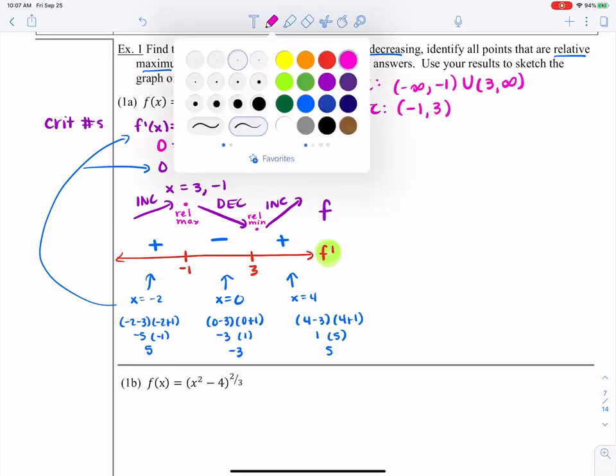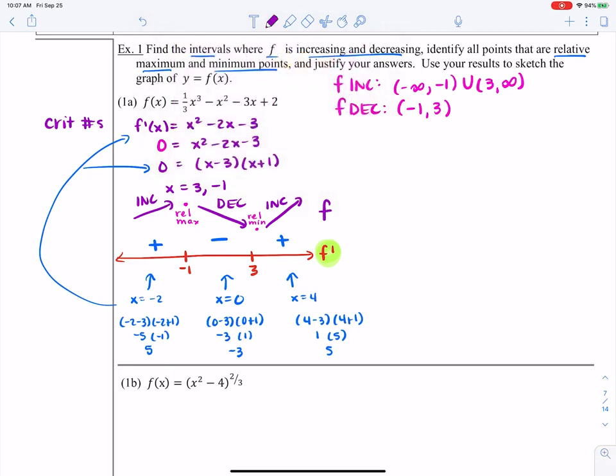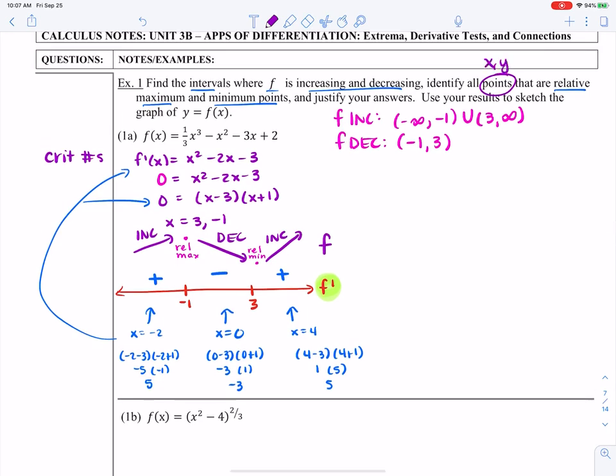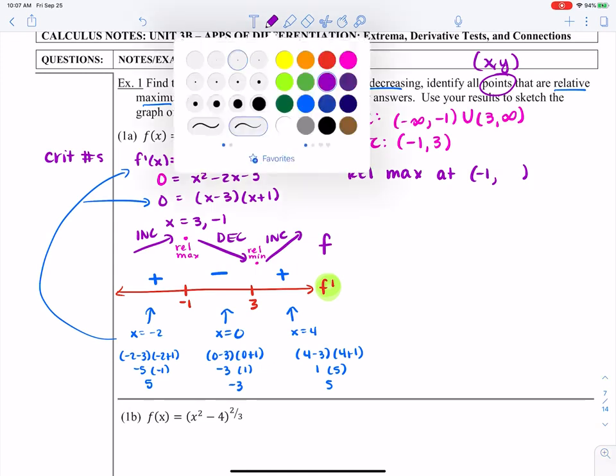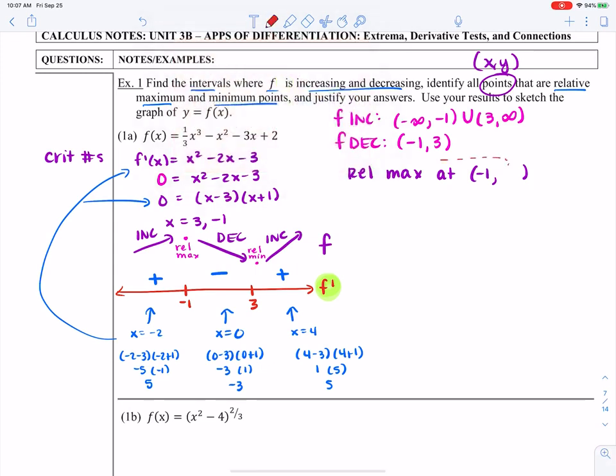The next thing that it asks me to do is it says to find all points, that means x and y, that are relative maximums and minimums. So I know that there is in fact a relative max at negative 1, but I don't know the y value. We're going to find that y value. So to find that y value, you're going to have to plug into the original function.